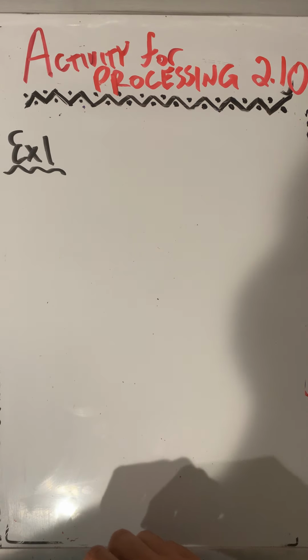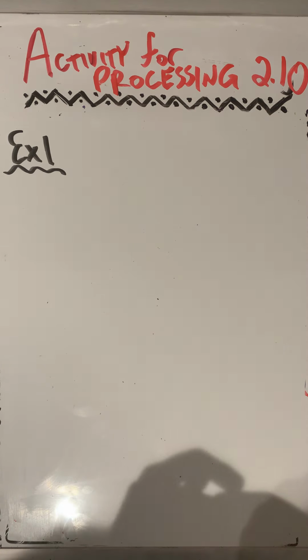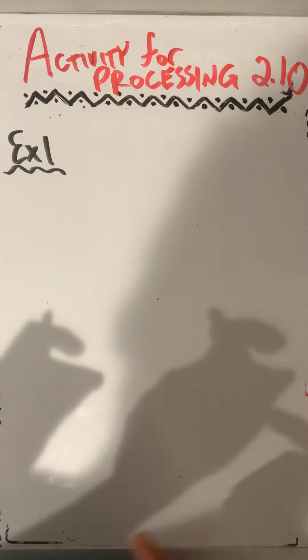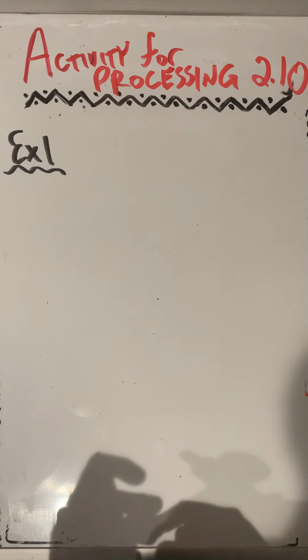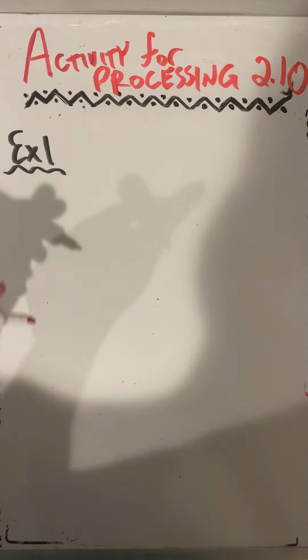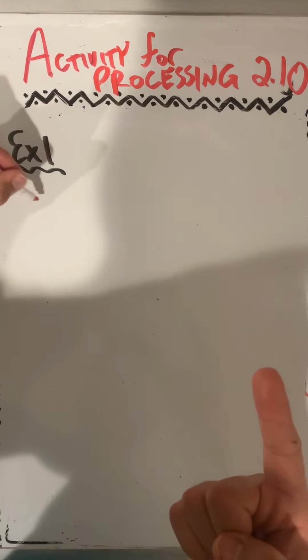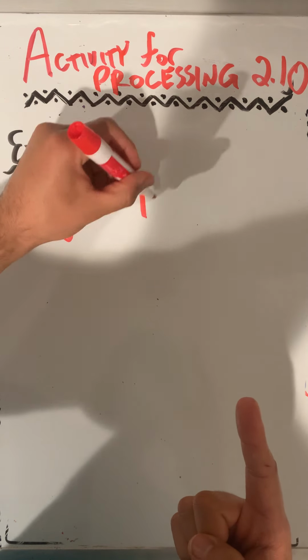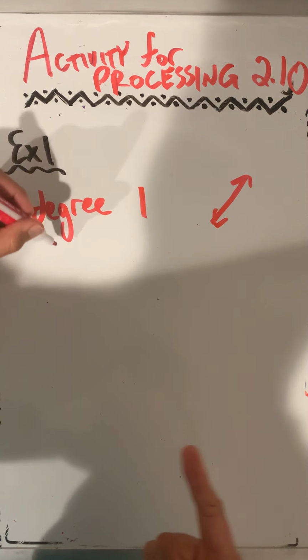Where are the examples? All right, without further ado, before I get to example one, there's one thing that maybe was not covered in the previous video that we need to refresh, and that's degrees. So we talked about degree one. That's like linear.